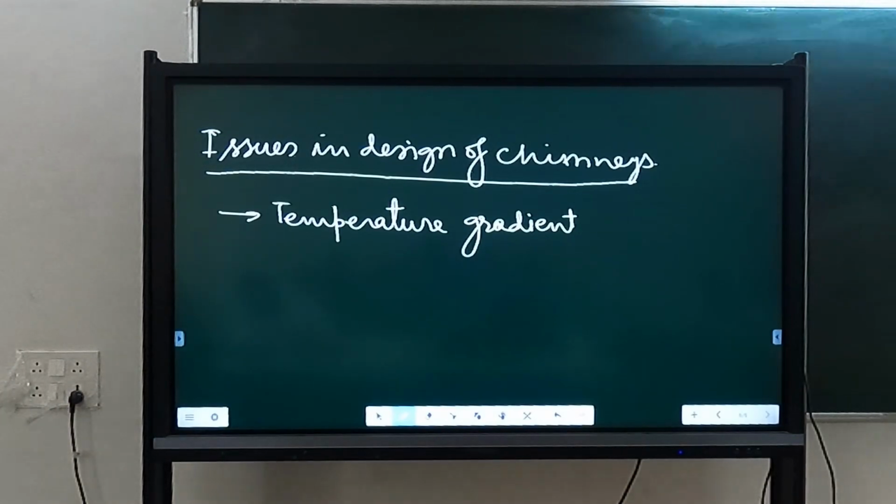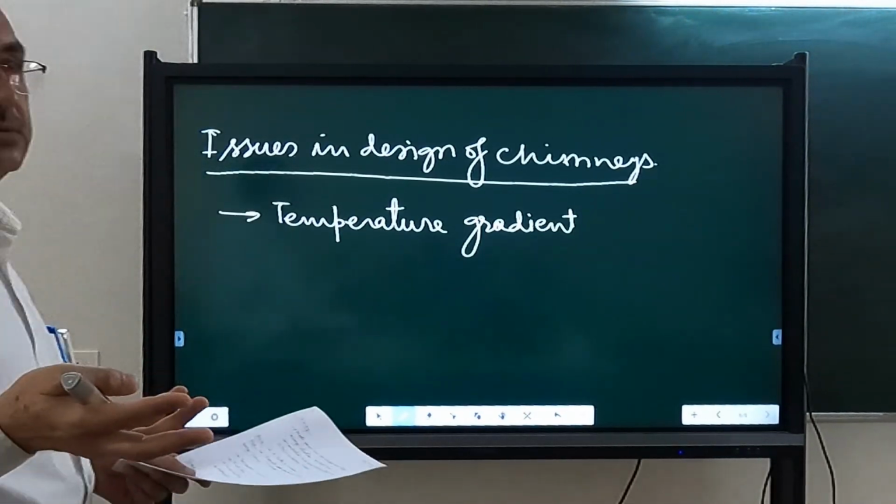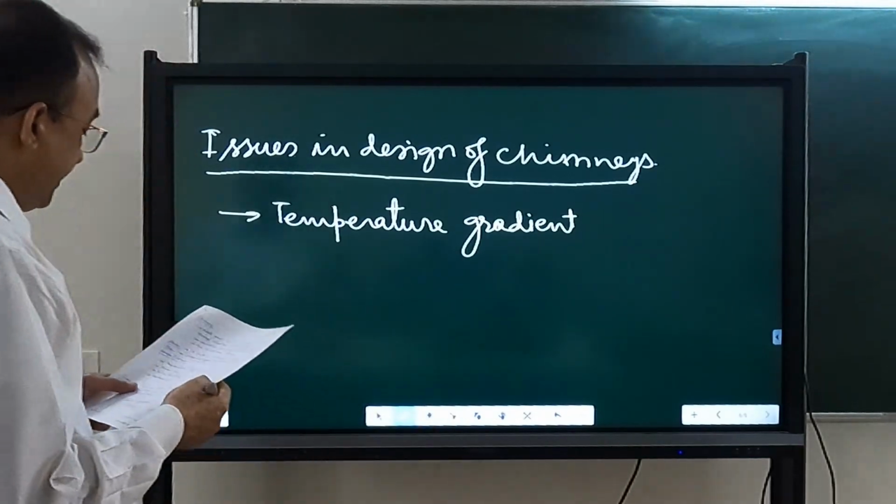There will be a temperature gradient. Okay. And temperature gradient will cause additional stresses. If it is a uniform increase of temperature, then there is not much problem. Its diameter and height increase will not be a problem. But temperature gradient is the problem. Temperature gradient causes moments. Okay. And that causes additional stresses.